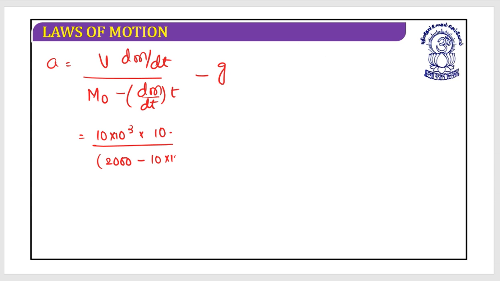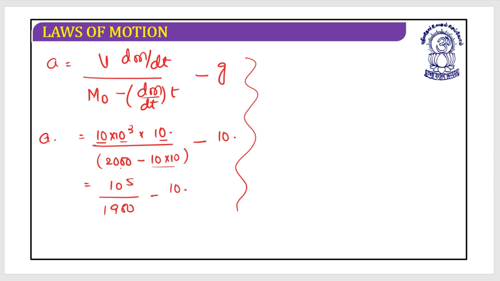So this is 10 × 10 × 10, that is 10⁵, divided by 2000 − 100, which is 1900, minus 10.